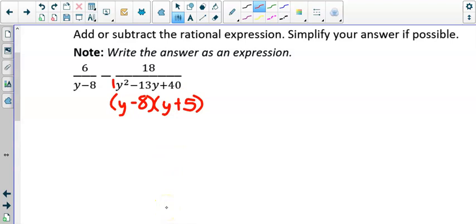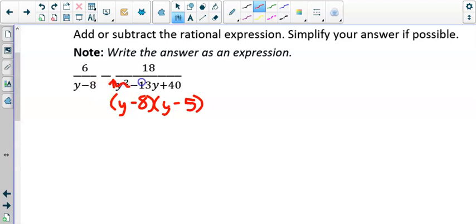Are you sure on that one? Because a negative 8 times a positive 5 is not a positive 40. Two negatives, yeah. So y minus 8 and y minus 5, because a negative times a negative is a positive, so that gives me the positive 40. And a negative 8 and a negative 5 give me the negative 13.